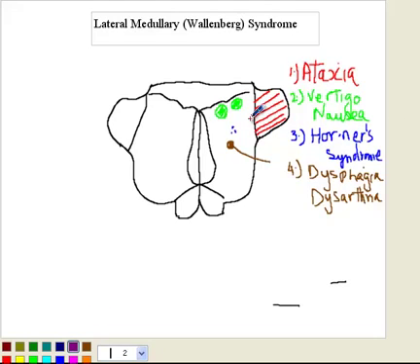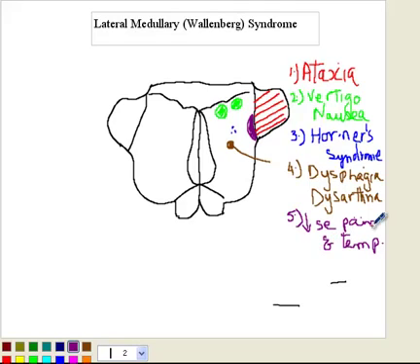So you have the spinal tract and the nucleus of the fifth nerve that's involved, and that leads to ipsilateral decrease in pain and temperature. That's also on the same side that is affected.